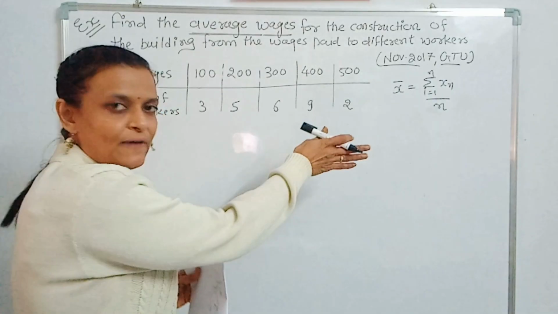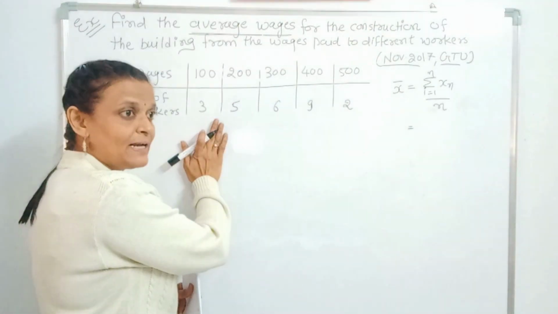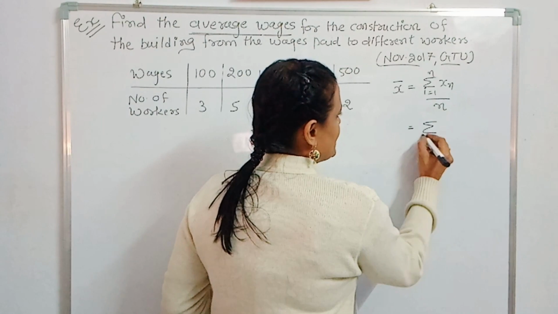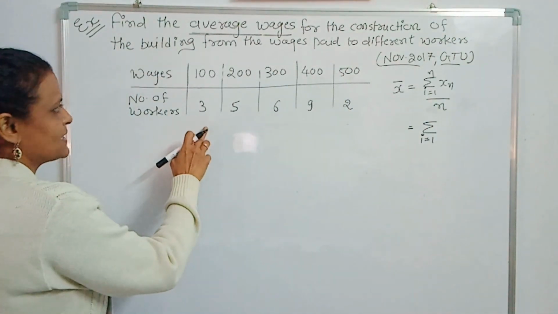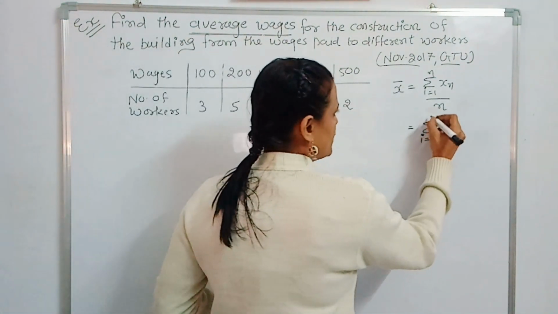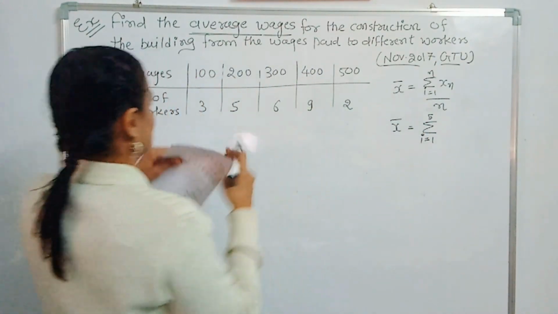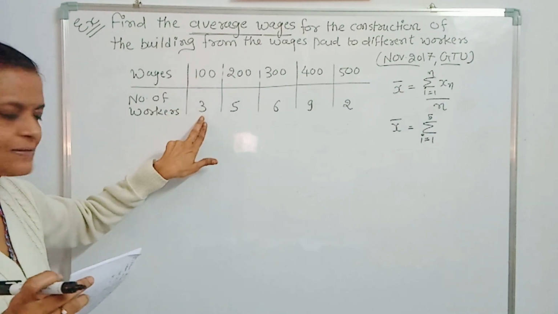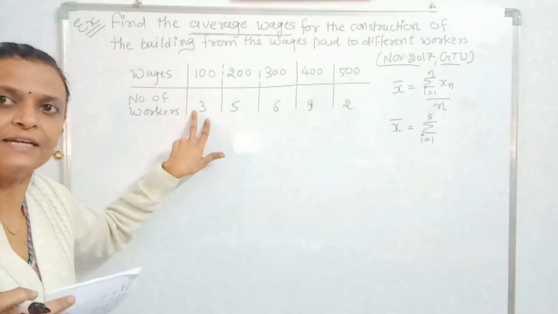So let us modify this equation for this particular example when the data is group data. Summation i is equal to 1 to, see how many data are there? 1, 2, 3, 4 and 5. So i is equal to 1 to 5. This multiplied by this. 100 multiplied by this means what? 100 is added for 3 times.